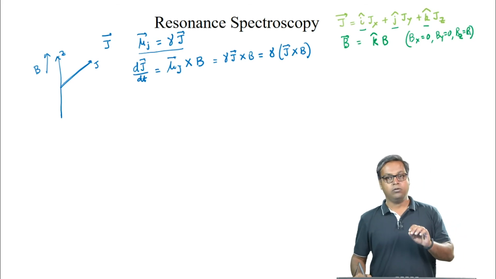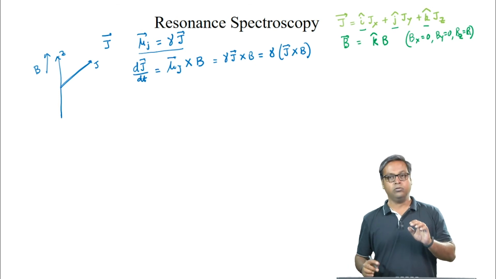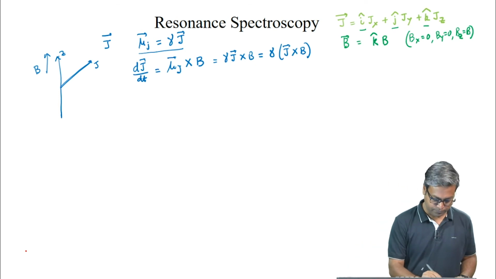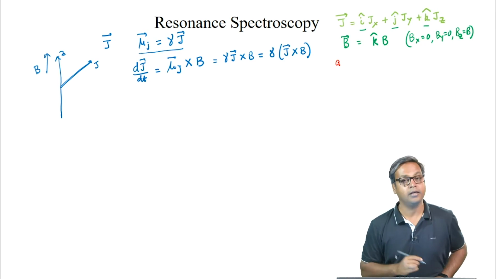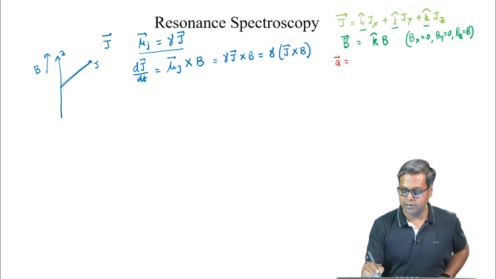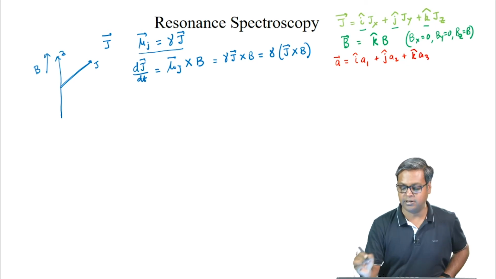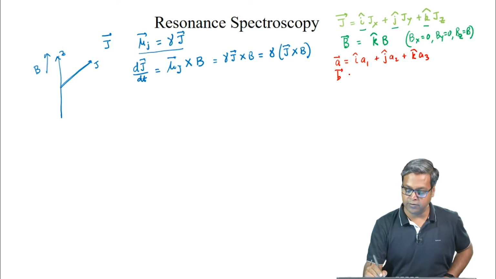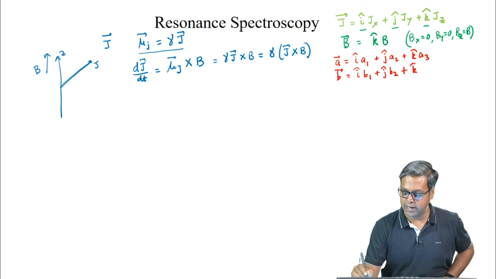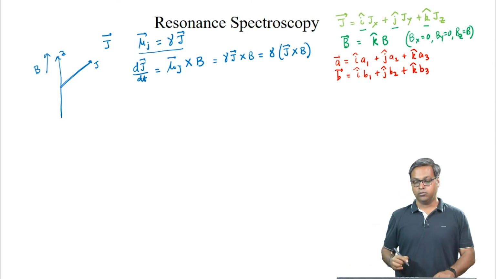Now, let us look at what we mean by a cross product. Let us say we have two vectors, A, which is given by i A_1 plus j A_2 plus k A_3, and another vector B, which is given by i B_1 plus j B_2 plus k B_3.